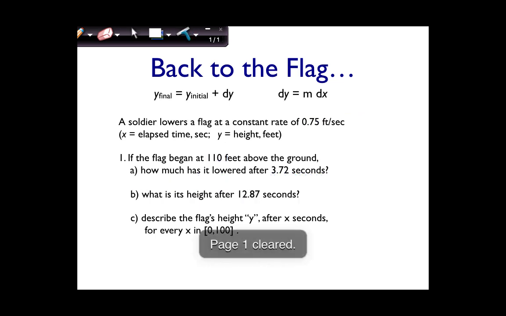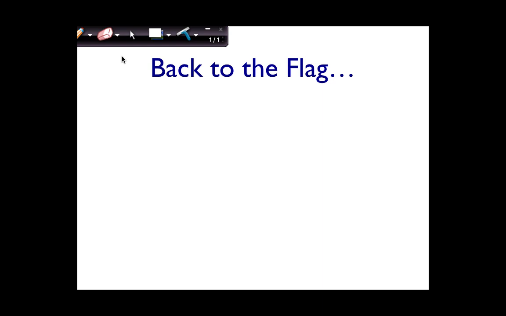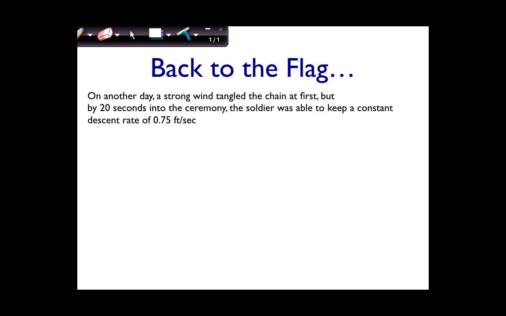All right, so to make this more interesting than starting at the beginning, on another day, strong wind tangled the chain at first, but by 20 seconds into the ceremony, they're able to keep that constant descent rate of 0.75 feet per second.